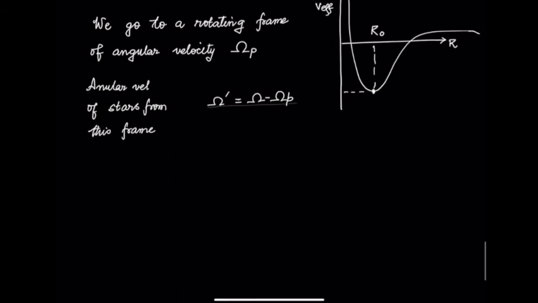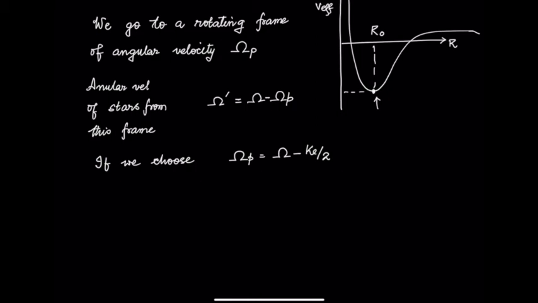Now, which omega p I go to, I can choose that. If we choose omega p equals omega minus kappa by 2, then for that particular star, it sees a potential. That potential has an omega, which is the rotational velocity of the star around the galaxy.